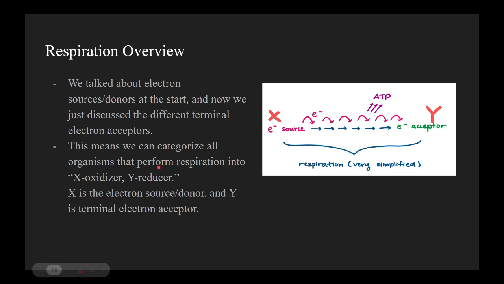So remember, when something's oxidized, it's going to lose electrons, right? So our electron source is getting oxidized because it's giving away these electrons to use for all the reactions within the process here. Whereas reduction equals gain of electrons, so this electron acceptor is gaining electrons that have passed through the process and taking them away. So this source is oxidized and the acceptor is reduced.